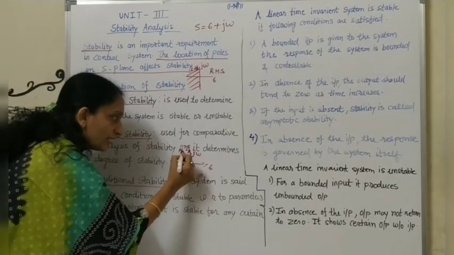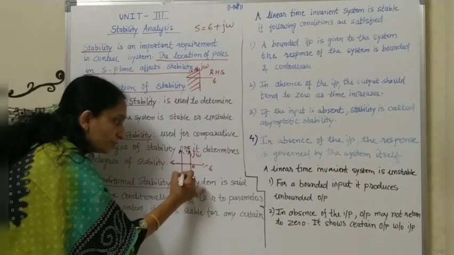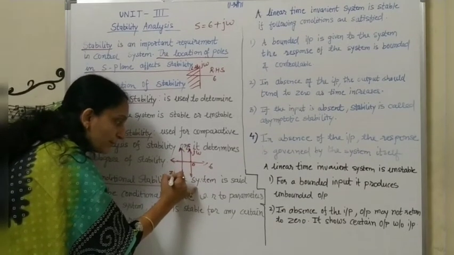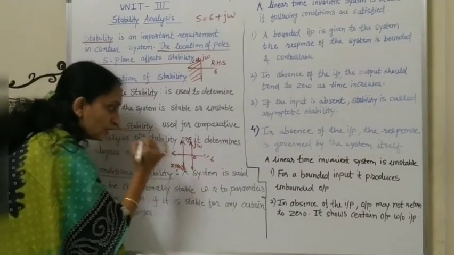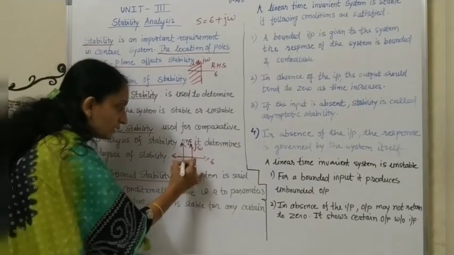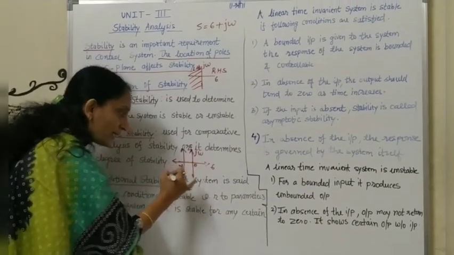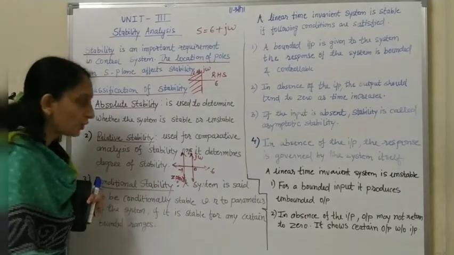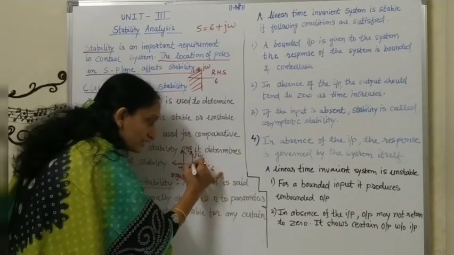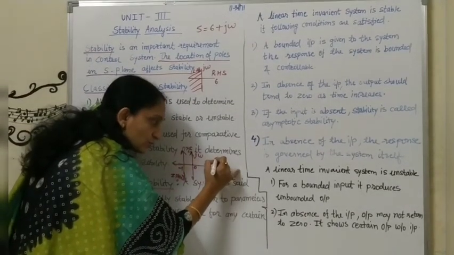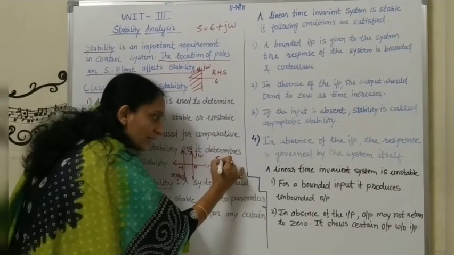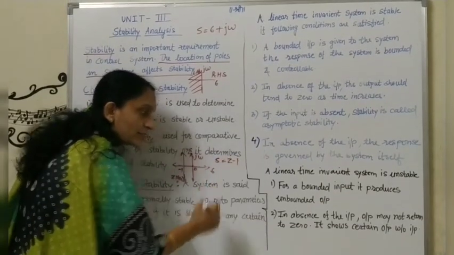For example, let's label this new y-axis as Z-plane. Suppose this new axis is shifted at -1. The previous axis is S, so for the new axis, S is equal to Z minus 1.